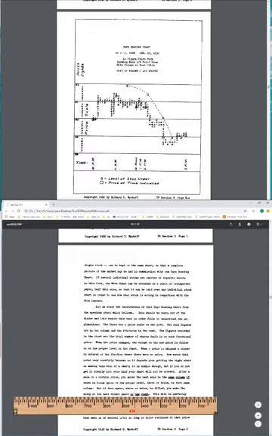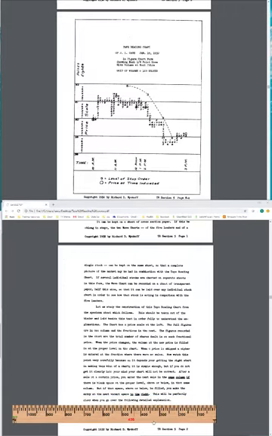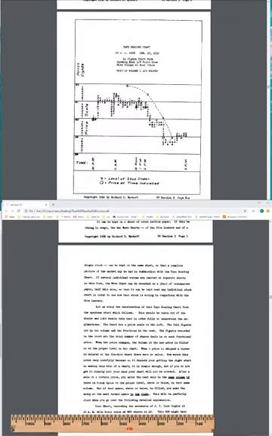It's just point and figure. That's how it works. If we have a one box reversal, you go down one, and instead of going up one in the same column, you move to the right.